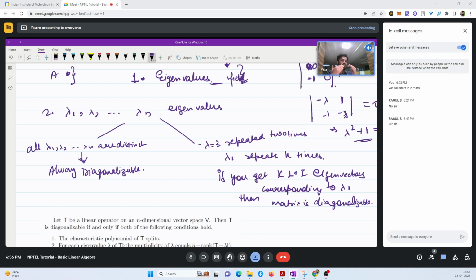So whatever the multiplicity of every eigenvalue, if you get that many linearly independent eigenvectors, then you can say your matrix is diagonalizable.